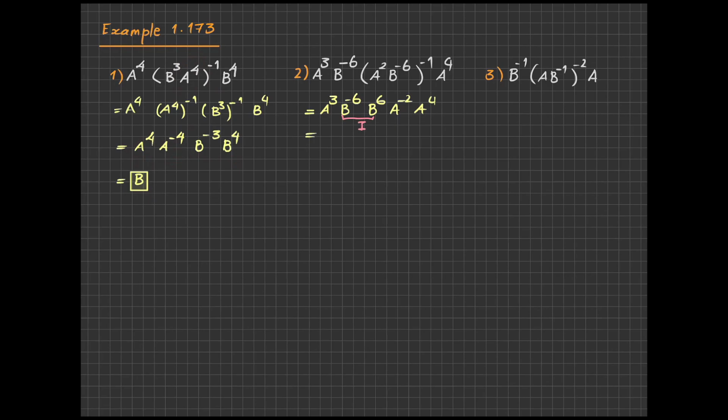So let me just write all of them once. So this becomes a to the power 3, a to the power minus 2, a to the power 4, which is what? A to the power 5. Yes, so that's the answer to this one.